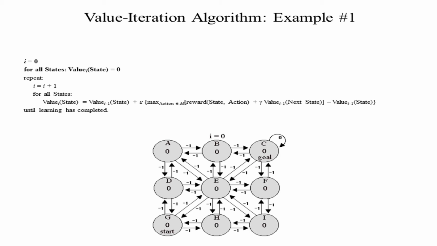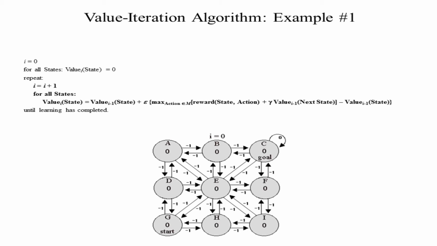And you can see that each one of these actions has a small negative value associated with it, a -1, which reflects the punishment for lingering around on the lily pads, with the exception of the goal state, where one of the actions, just remaining on the goal state, has a 0 reward or 0 punishment value. Okay, so initially, the values of all these states are set equal to 0.